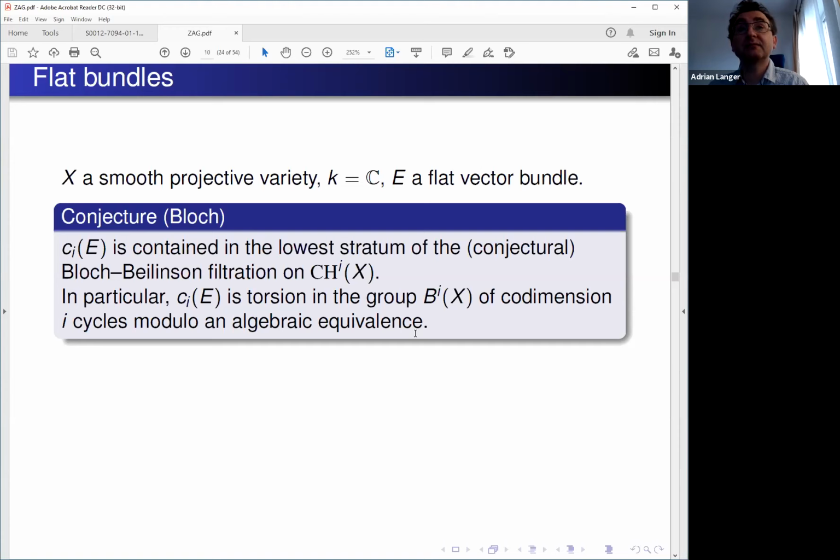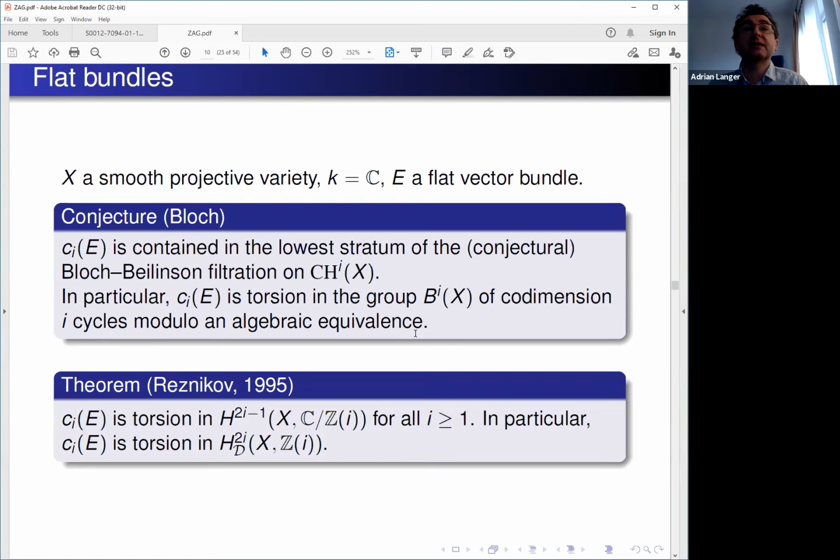Apart from the existence of a Bloch-Beilinson filtration, one also needs standard conjectures to actually deduce this second part of the conjecture. So I will say that the second part is the weak Bloch conjecture and the first one is the strong one. Strong doesn't make much sense, weak makes perfect sense always. Now, there is a theorem proving what one can possibly prove.